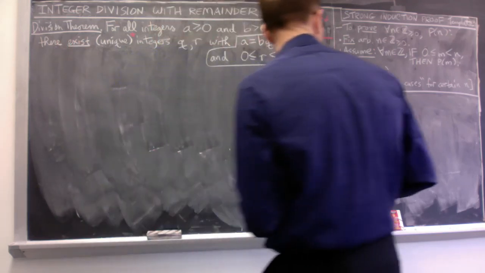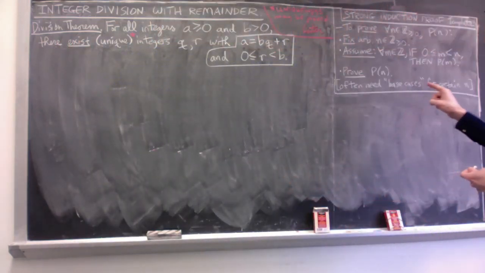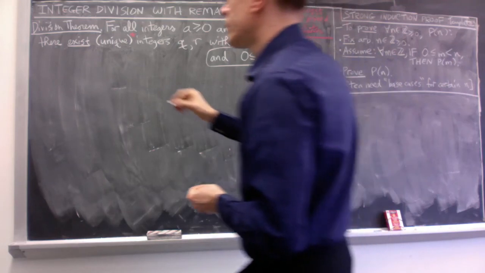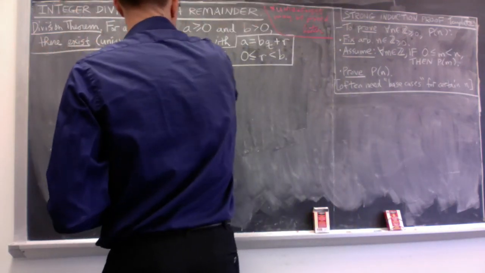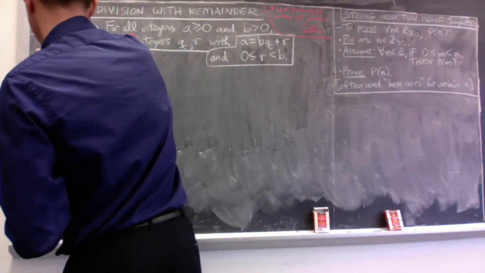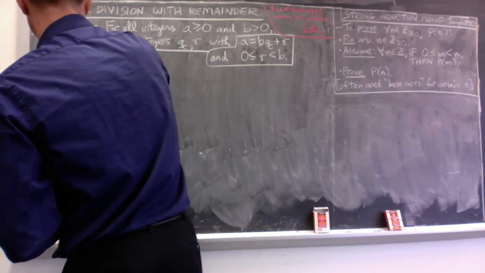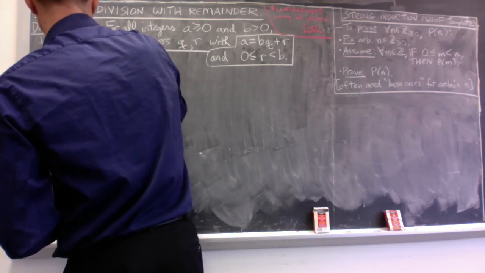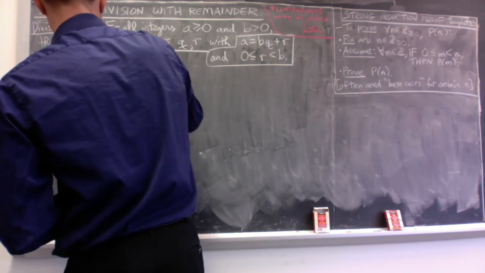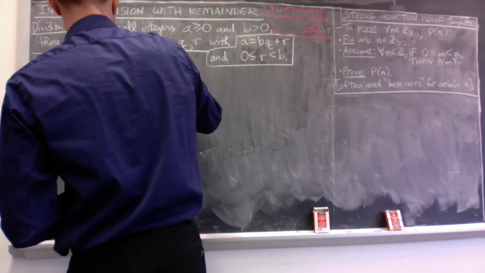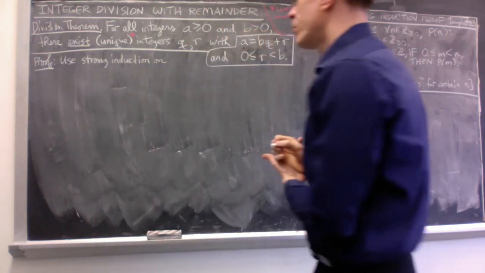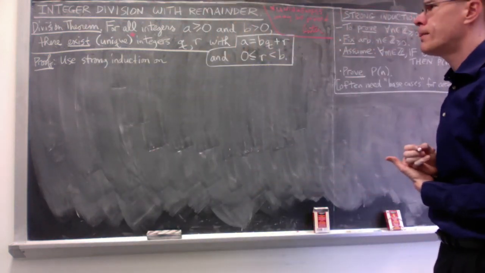And that's the part of the proof that's going to use strong induction. So proof. And this is a slightly harder one than others we've done because there's so many variables floating around. And so you might worry about which one?